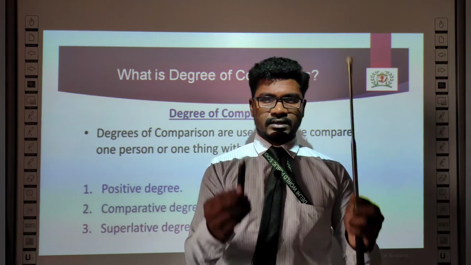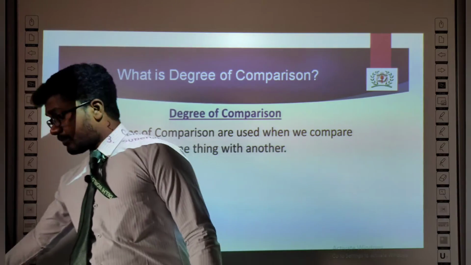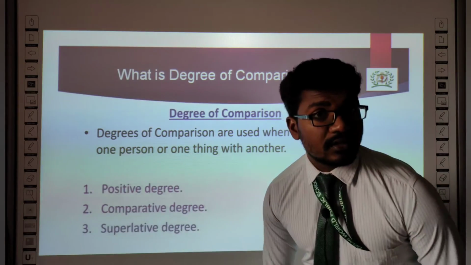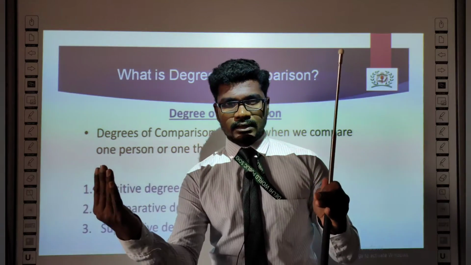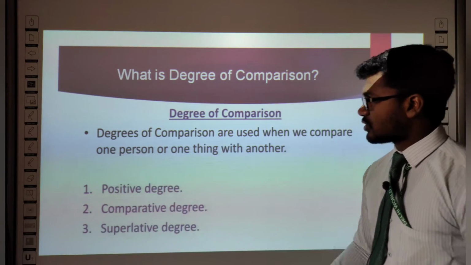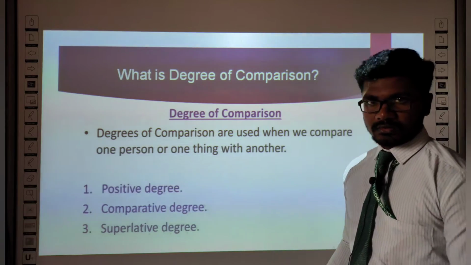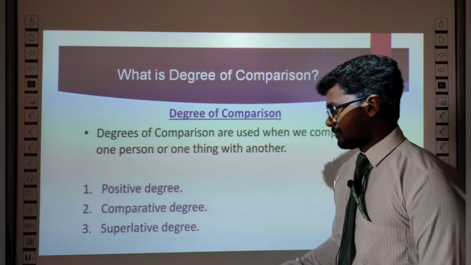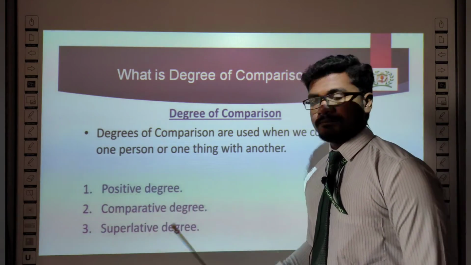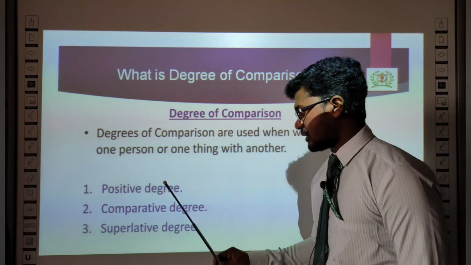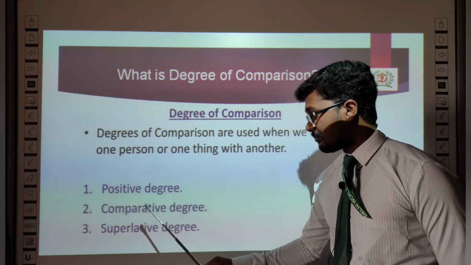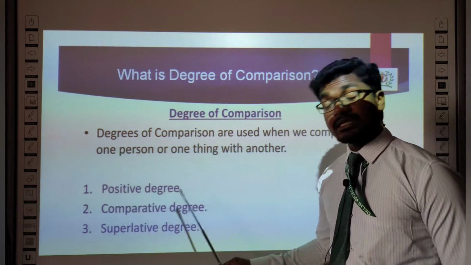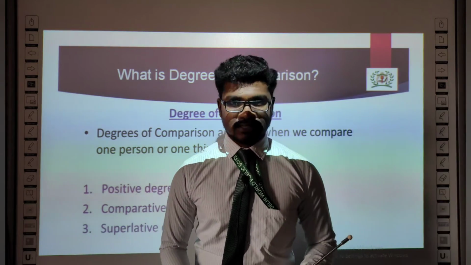Exactly, we compare. It is a thing or it might be a person. So we compare one thing with another, right? So let's see the degrees: positive degree, comparative degree, and superlative degree.